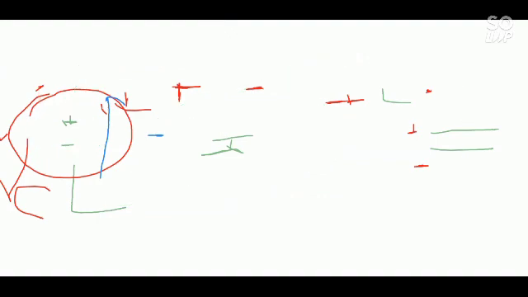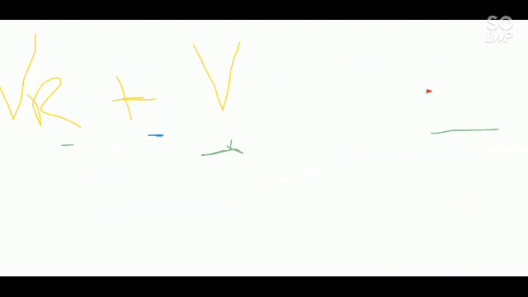The equation will be written as VR plus VL plus VC minus V is equal to 0.